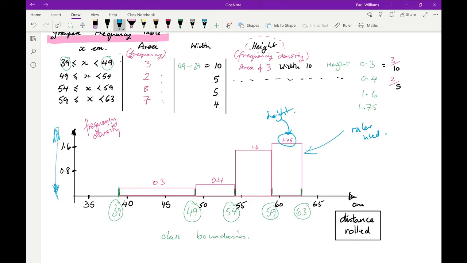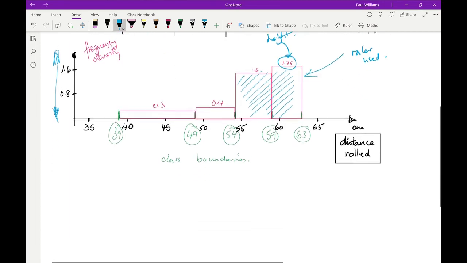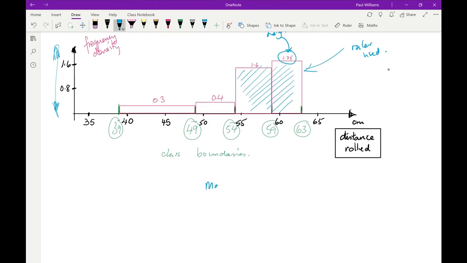And to summarize, this diagram now shows us that the most common distances rolled by the marbles were around here, say between 54 and 63. You could say that the modal group, which is the one with the highest height, so the greatest frequency density, the modal class is 59 to 63.